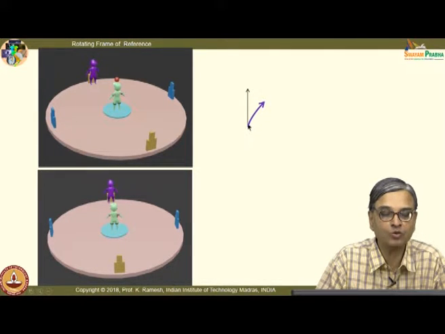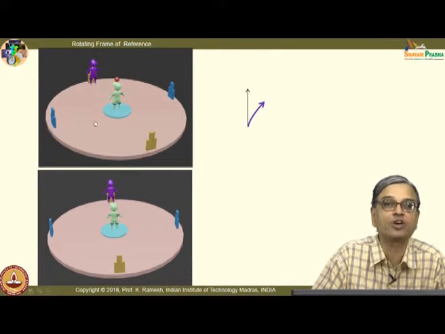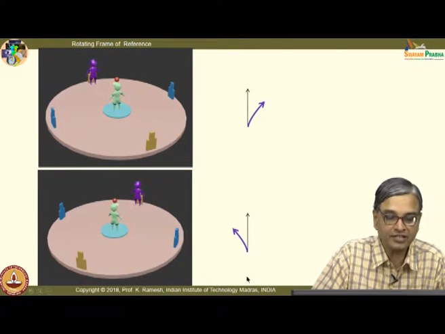For an observer who looks from above, the ball would only travel a straight path. The deviation is observed by the observer sitting on the rotating platform. Suppose the rotating platform, instead of rotating anti-clockwise, rotates clockwise, what happens? The deviation is to the left like this.